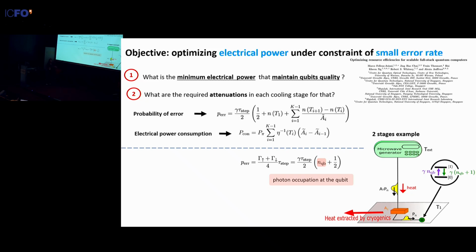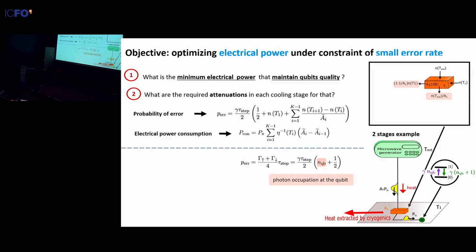So the error basically comes from the contribution of these two processes. And the main part in it is the part highlighted in red, which represents, as I said, the thermal noise arriving at the qubit. And to determine it, we have to understand how the attenuator works.